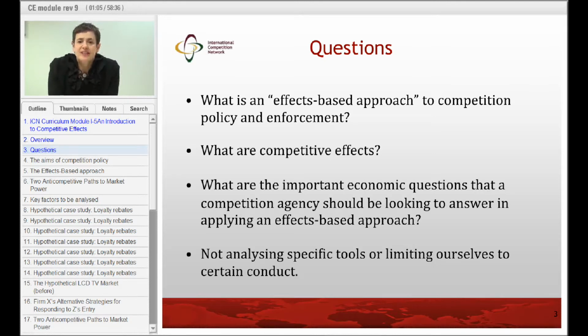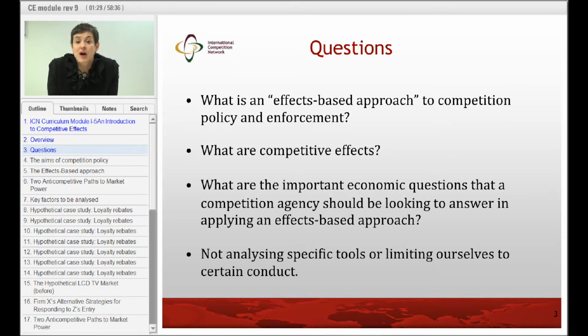This module is not meant to cover the different tools for evaluating competitive effects in particular cases, which are as numerous and varied as the cases themselves, nor is it specifically targeted at specific types of conduct. In particular, we won't, for example, be providing a detailed guide to the economic assessment of predation, let's say.